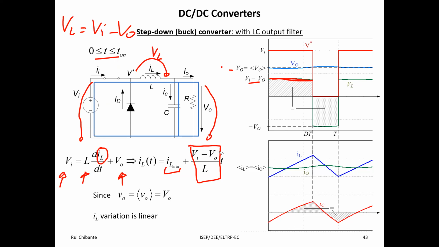So this result shows us that the current variation is a linear variation. That's why we get here that straight line. This straight line is a result of this equation of the line.